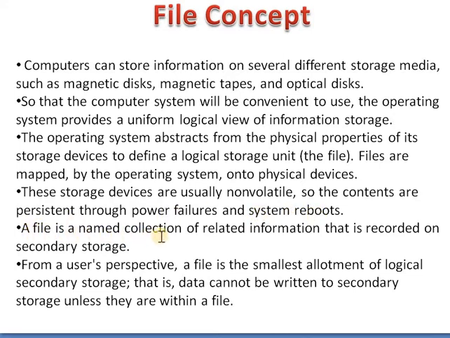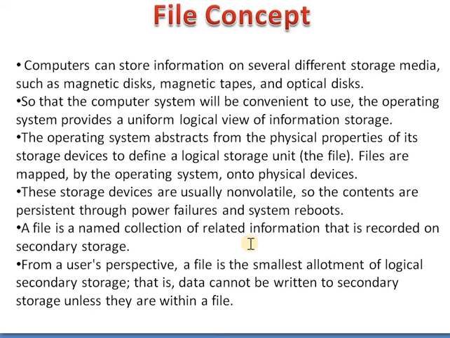A file is a named collection of related information that is recorded on secondary storage. Here, a definition of file is given. A file is nothing but a collection of data.